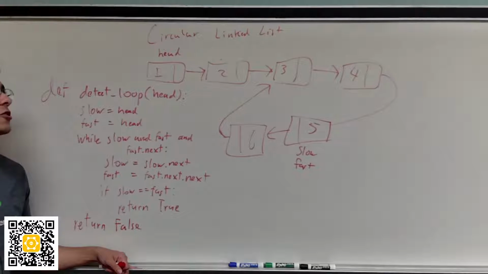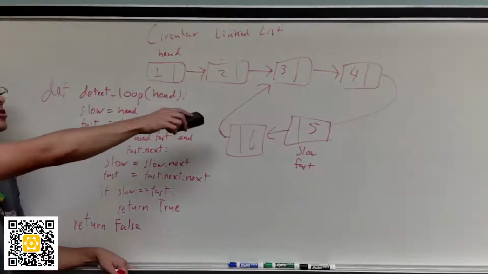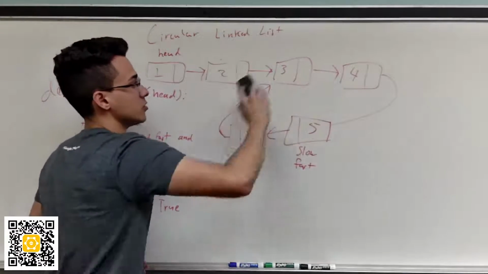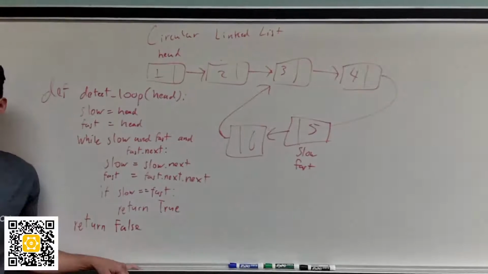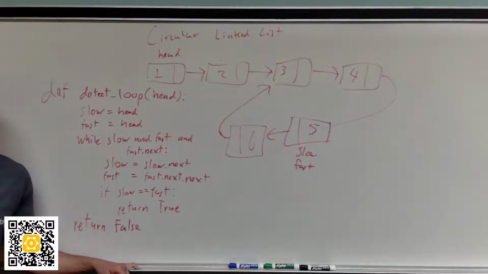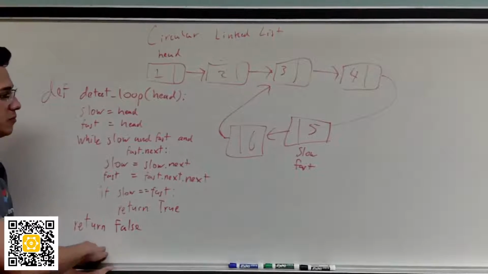Yeah, because the first node is not in a cycle. It's just dangling. But you can get into the cycle from here, but then once you're here, you're just stuck in this loop, and you never reach there. This works to detect the cycle, true or false. That's all the point of this problem.